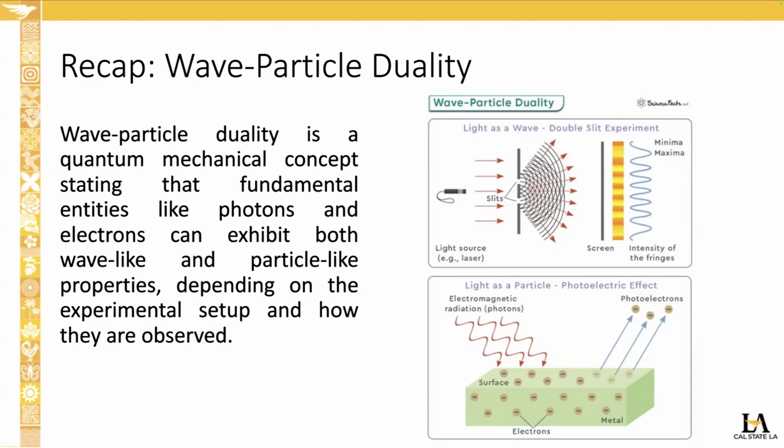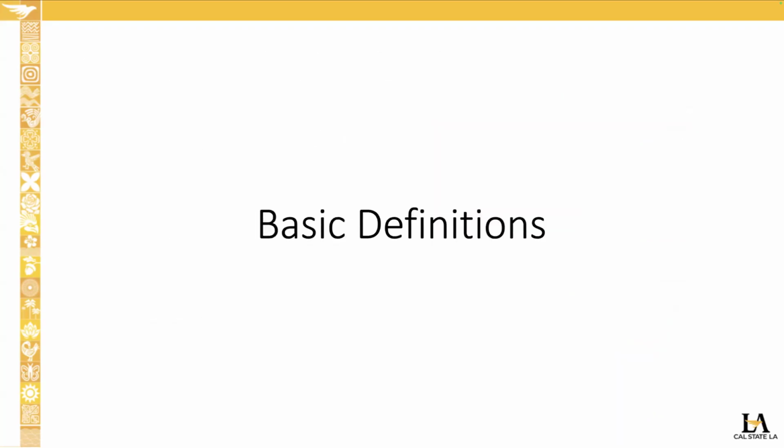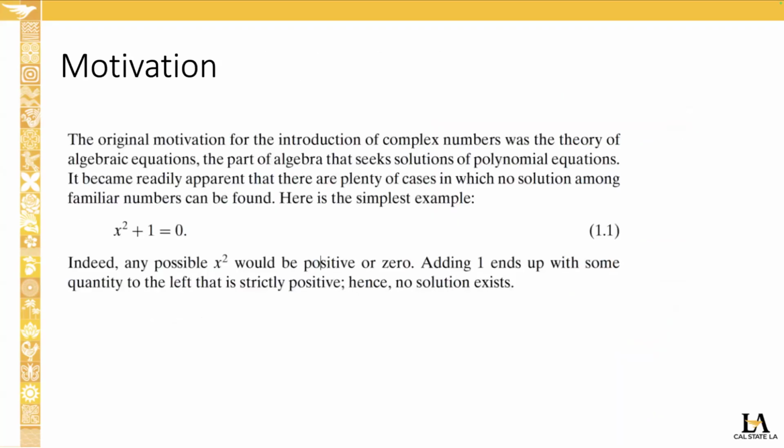And this is very important because, speaking of the wave-like properties of quantum objects, we need to somehow mathematically model them and then define some operations and gates to deal with them. And that's the main motivation for us to define complex numbers. Okay, so these are some motivations and recaps from what we learned earlier. And with that, let's start with some basic definitions in complex numbers.